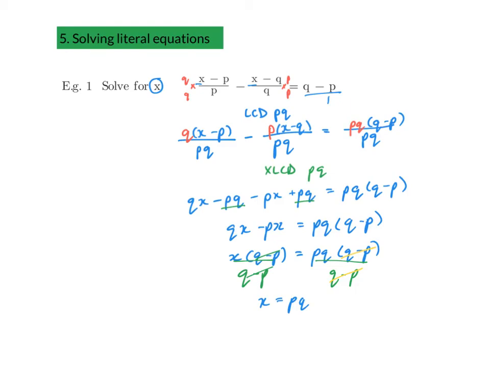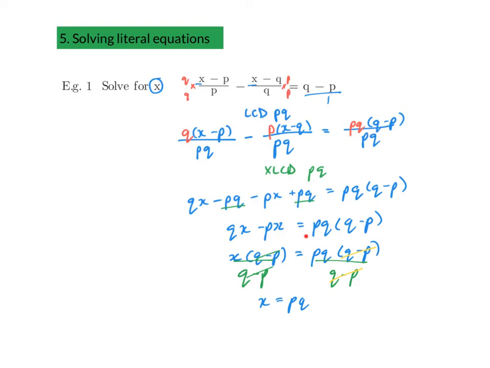If we look back at this question, there are multiple strategies I used. Firstly, I eliminated the fraction to make my life a little bit easier. The reason why I eliminated the fraction is because x was sitting in the fraction, in the numerator. On the right, I didn't multiply this out because it didn't really matter if I did or didn't. It just helped me to leave it like it was.